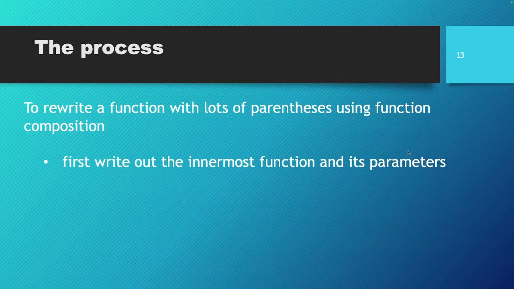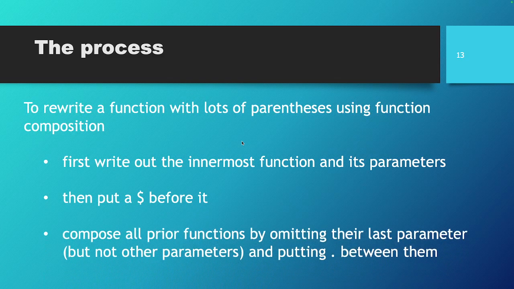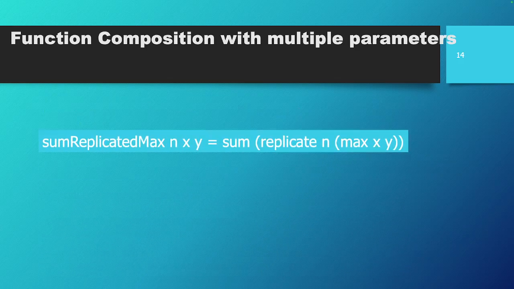So to do this, our process is, first of all, write out the innermost function and its parameters, and then compose all the prior functions by omitting their last parameter and putting a dot between them. So we'll have a look.